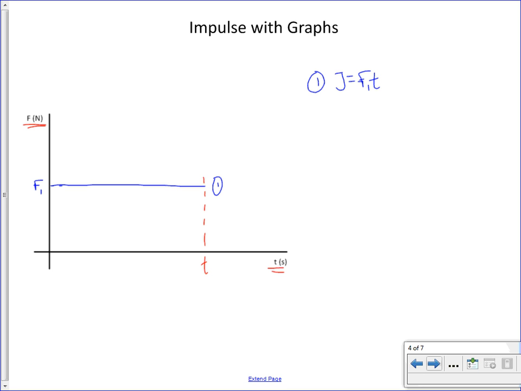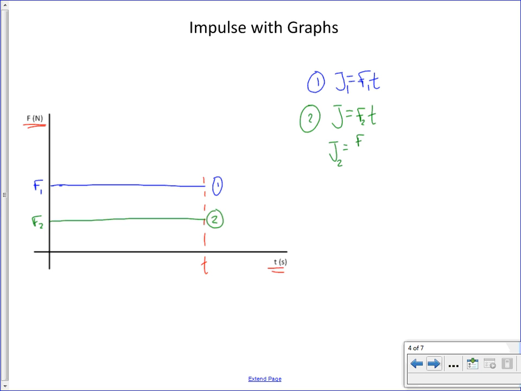Let's look at a second case where it looks like this. So in case 2, we could say that in general J is Ft, and I guess F2 and well, notice here, let's call this J1, call this J2.